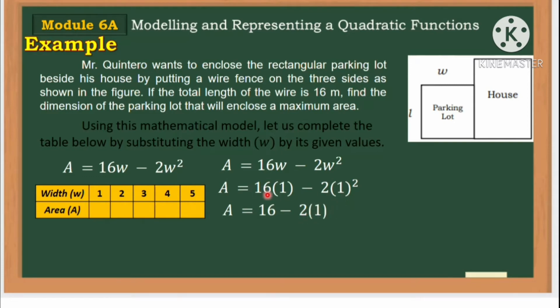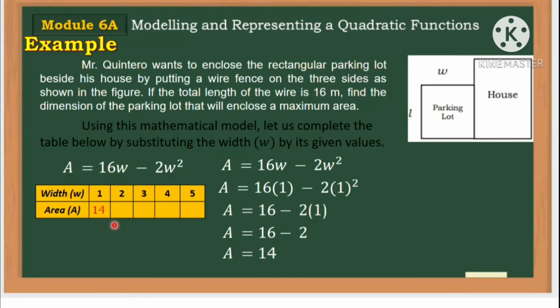And 16 times 1 is equal to 16. Then multiply this. Simplify. Negative 2 times 1 is equal to negative 2. Simplify this. 16 minus 2 is equal to 14. Therefore, the area of the parking lot, if W is 1, is equal to 14.